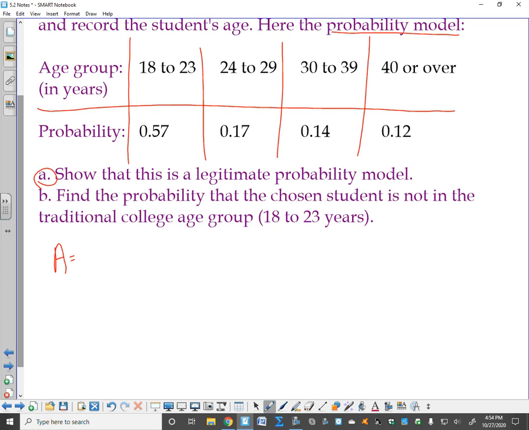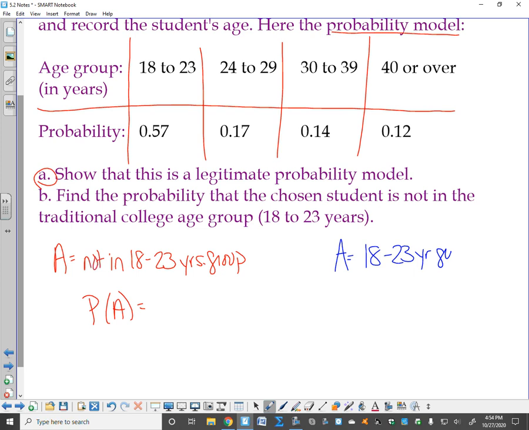I can say that event A is not in 18 to 23 year group, and then I can find the probability of A. Or I can let A be in the 18 to 23 year group, and I'm going to find the probability of A complement.